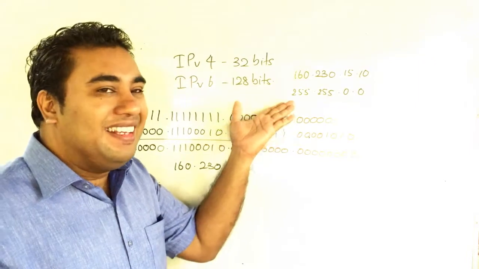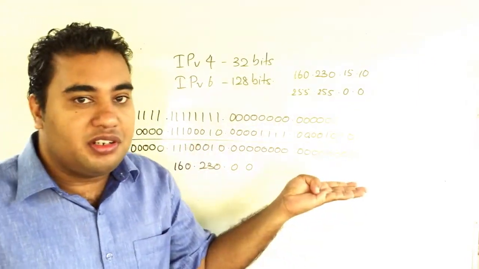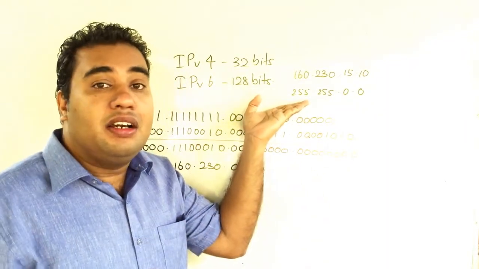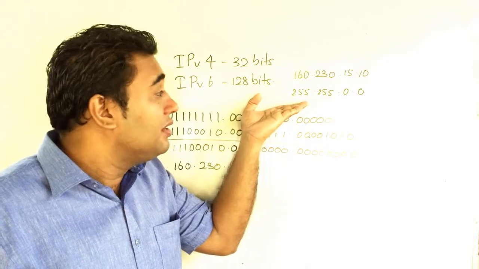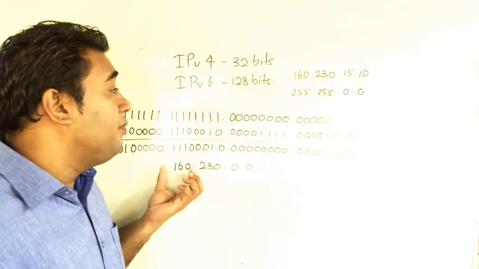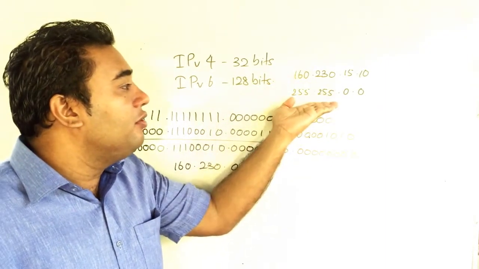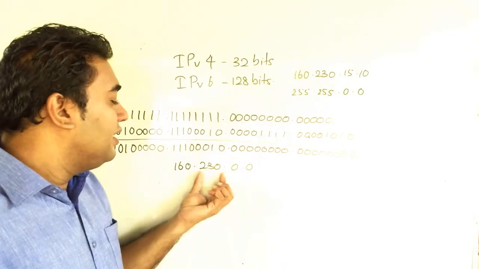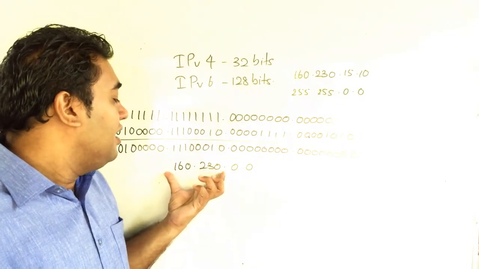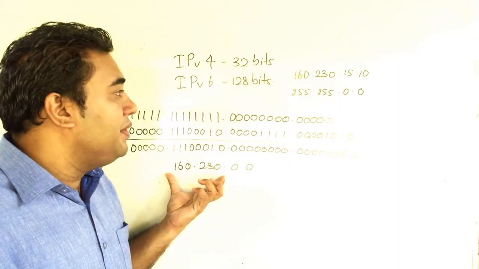And even in this calculation, you don't have to perform the AND operation. When you find 255, which means 8 bits of ones continuously, you get the same value as the network portion for that octet. And here also you get 255, so you get the same value for that particular octet, and that will be the network address of that particular IP address.